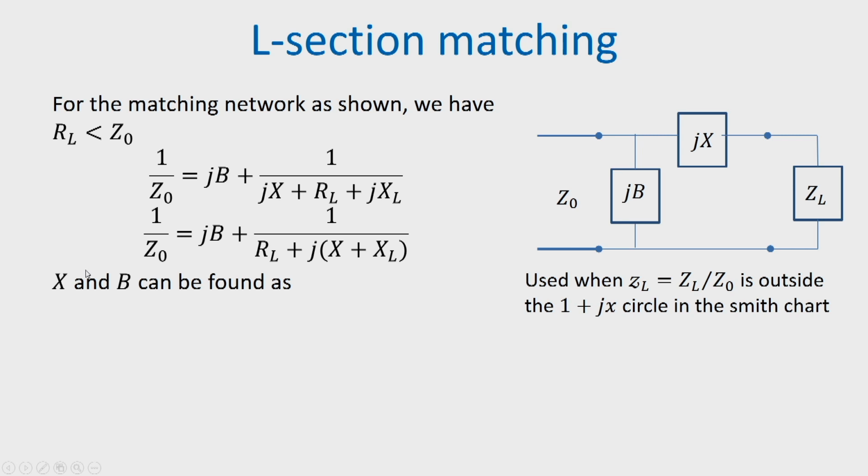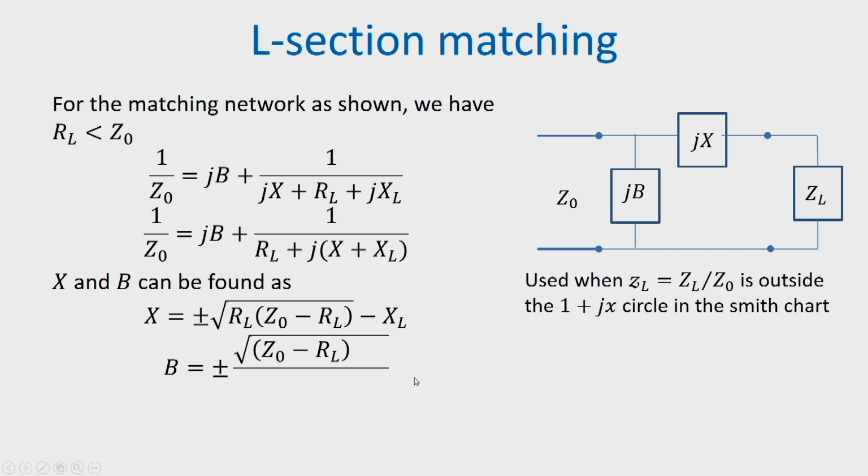When these steps are carried out, we get the expression for X to be equal to plus minus square root of R L (Z naught minus R L) minus X L, and B is equal to plus minus square root of (Z naught minus R L) divided by R L, and the entire term divided by Z naught.